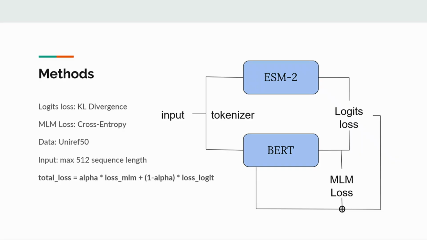Then we use KL divergence to compute a logits loss with ESM2, and we still use the separate masked language model loss, using cross entropy to compare to the expected labeled sequence. Then we calculate a total loss by combining both of the losses using alpha, which is a hyperparameter whose ratio we can change based on training.